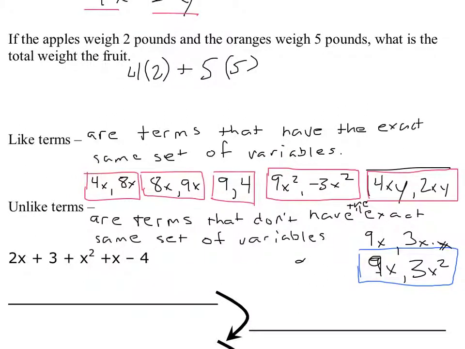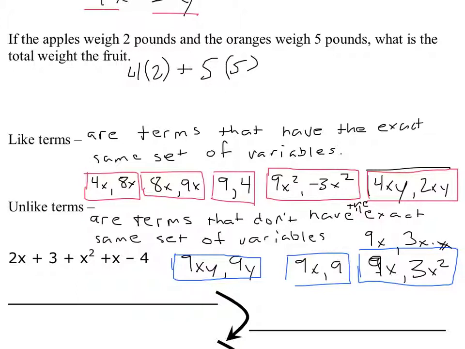We may also talk about 9x and 9. One of them has a variable, one of them doesn't. Another example we can come up with, maybe 9xy and 9y. They have a variable in common, but their whole set is not the same. These are unlike terms.